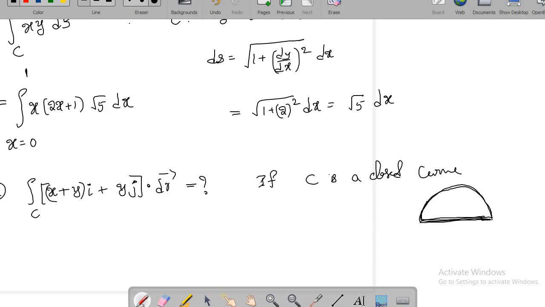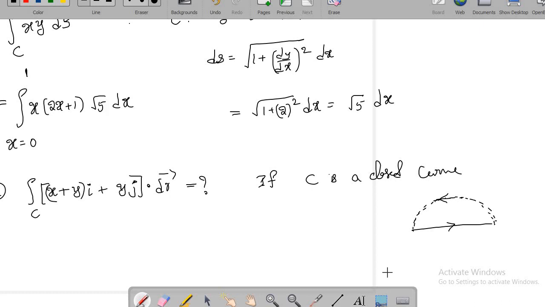Let us assume that if they do not give any direction, you should assume the curve is always traversed in the anti-clockwise direction, because that is the standard direction everyone prefers. Now here, if you look at C, it is not one curve.